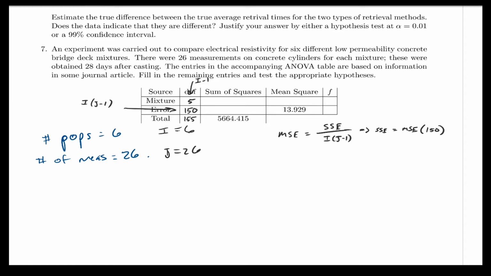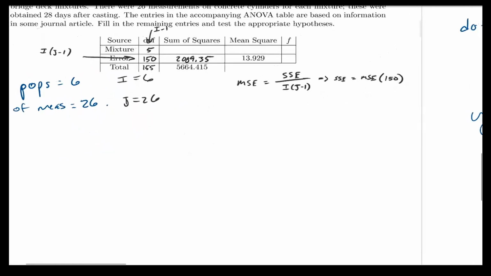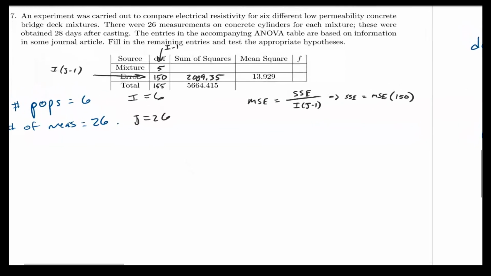So 13.929 times 150 is 2089.35. So now we've got SSE equals 2089.35.